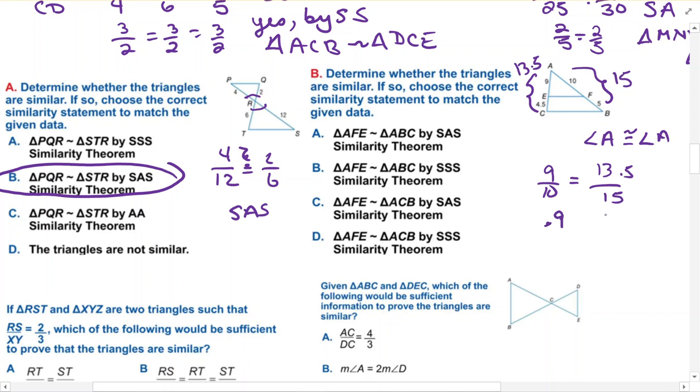Well, this is 0.9 and this is 0.9 if we put it in our calculator, so it's true. So we have side, angle, side again. Angle A has to correspond with angle A, angle E with angle C, and angle F with angle B. So it would be this one here, A.